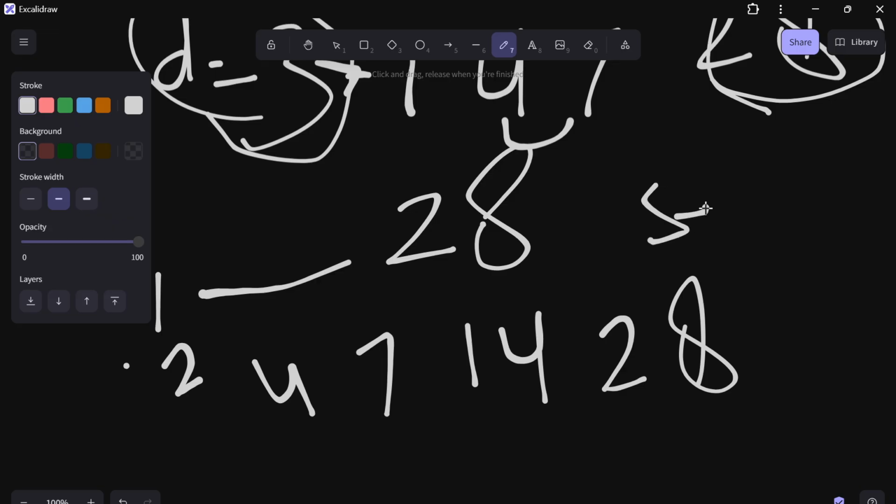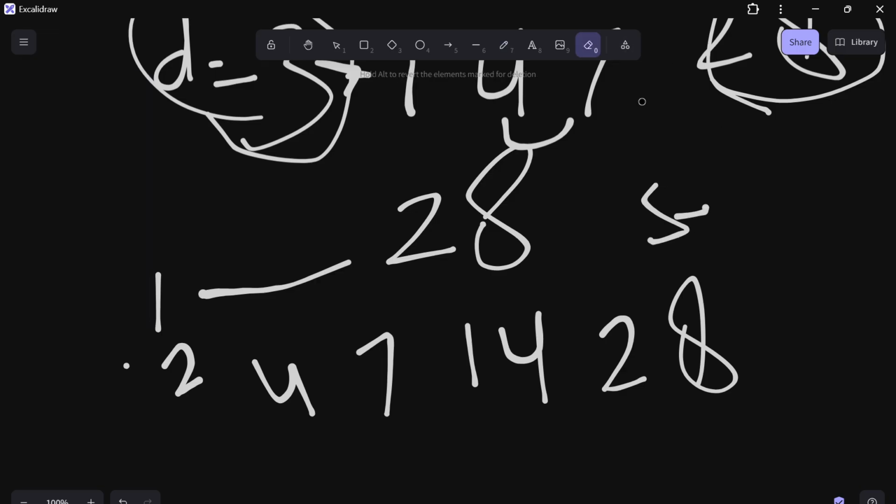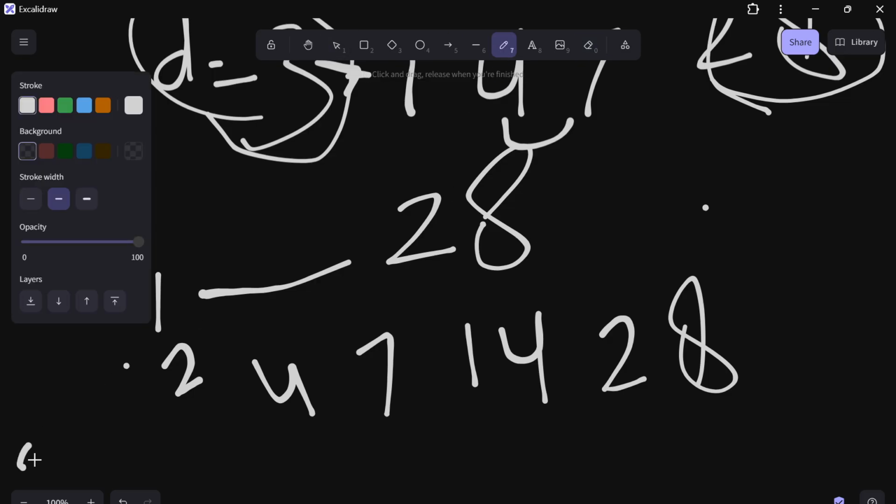Okay. Now the second condition is the difference between any divisors becomes d. Now d here is 3. So you think that 1 and 2 is a divisor pair. It does not have a difference of 3, so the condition is false.